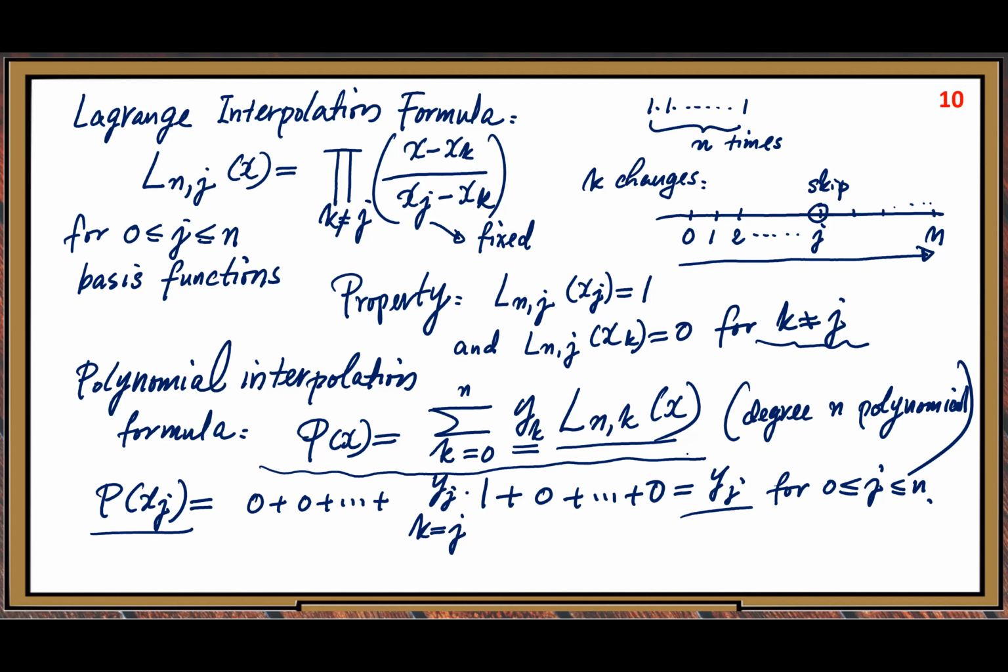That is the famous Lagrange interpolation formula. Hundreds of years ago, Lagrange, a French mathematician, found this formula. So here you can see we get a nice polynomial data interpolation formula.